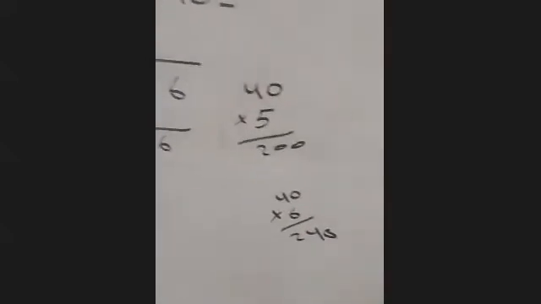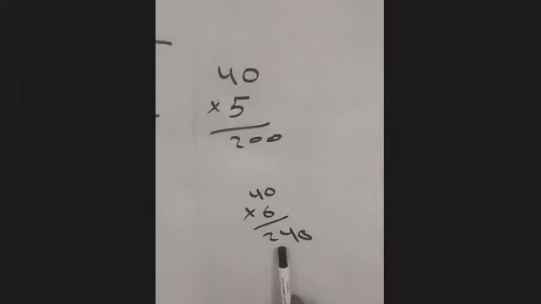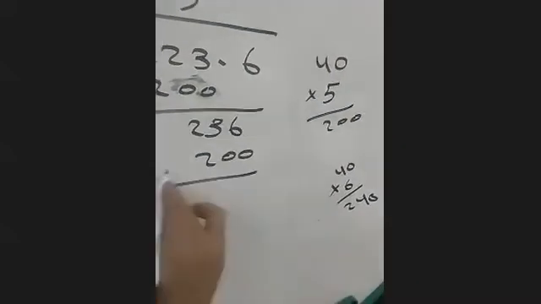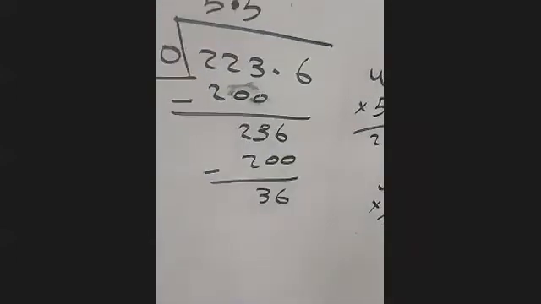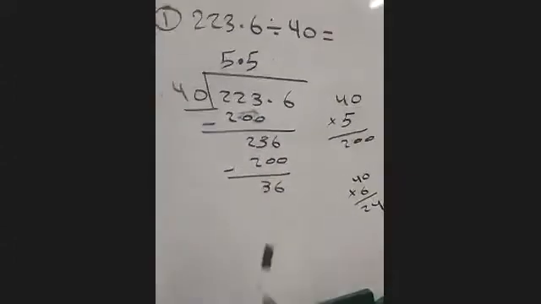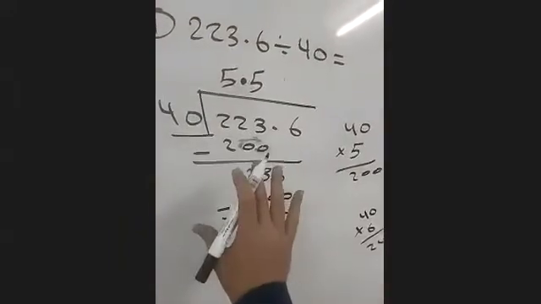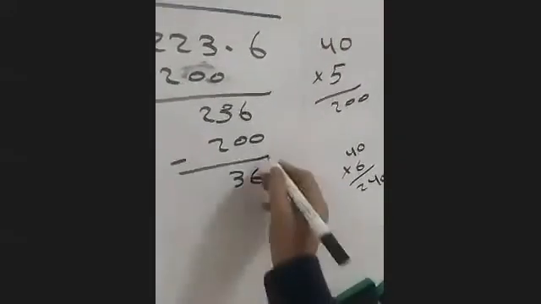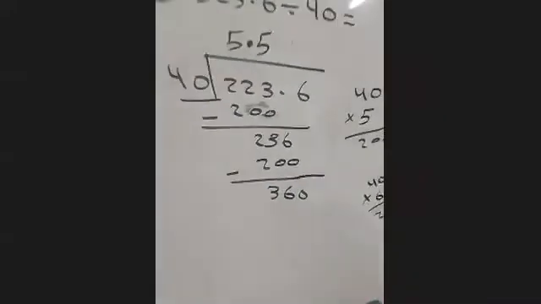236. Look here, guys. 5 by 40, 200. Subtract, 36. Right? Now 36 is less than 40, so I'm good. But because we have a decimal, we can add 0 and continue.